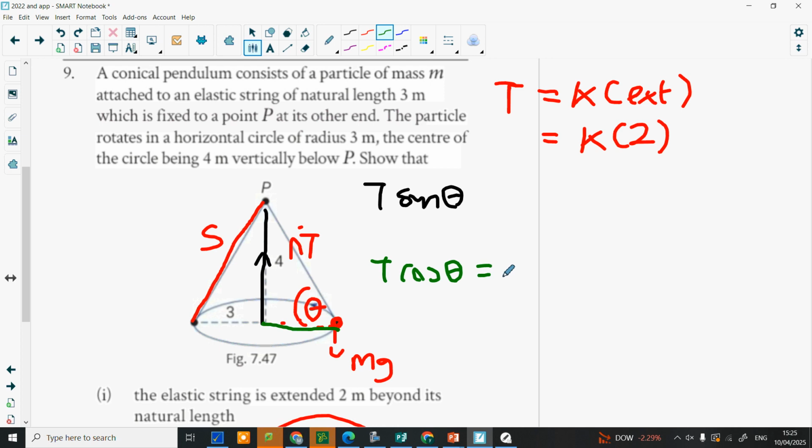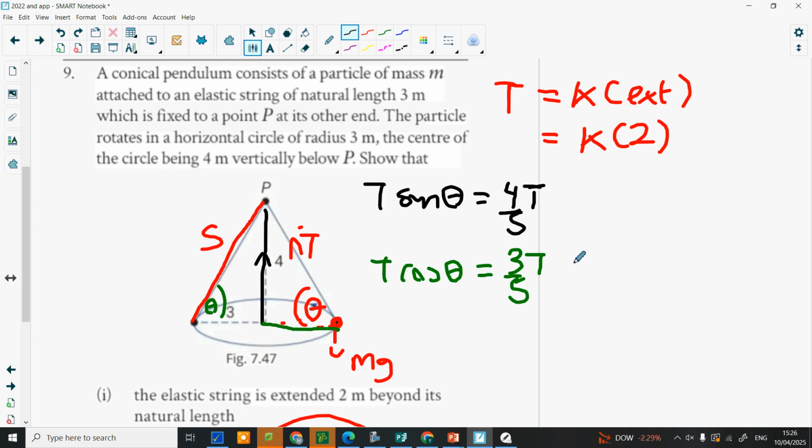And what is T cos theta? Do you agree it's 3 over 5? Using the other triangle? That's theta as well. So it's 3 over 5 T. And what about sine theta? 4 over 5 T. Okay.